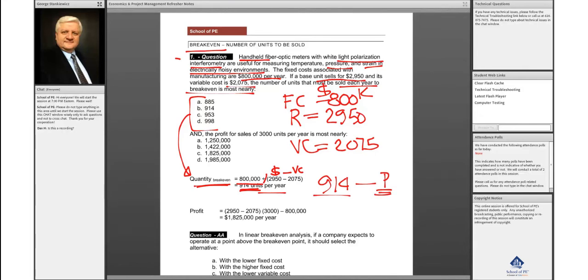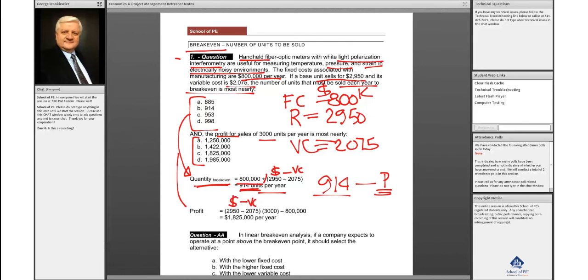The next item would be calculating out. So we're going to look at the next part of the solution. The profit for sales of 3,000 units per year is most nearly... Well, we're going to do exactly the same thing. We're going to take a look at our revenue. This is what we're selling it for, minus our variable costs.